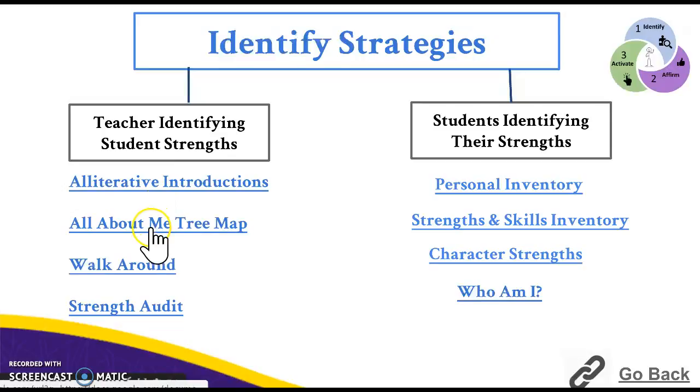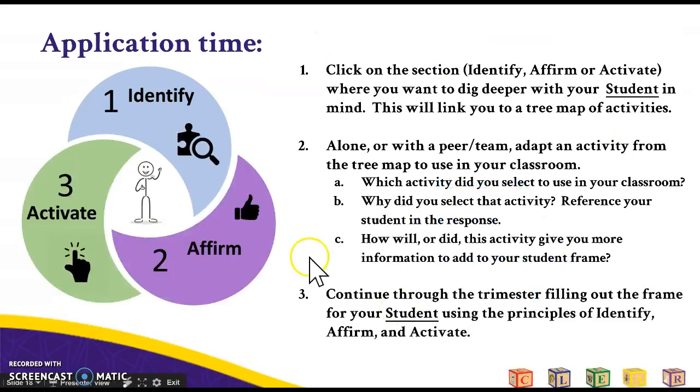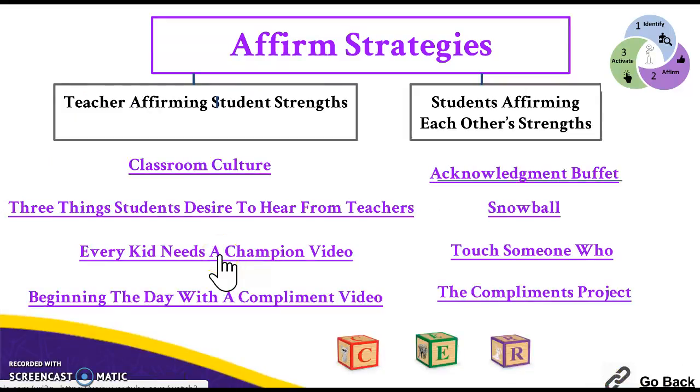And so each of these is a description or a website that talks about this as a strategy to build on this strength and something that you can try in your classroom. These are teacher-driven activities. These are students identifying their own. The format for each tree map is similar in that on the left side are ways to affirm student strengths that teachers do in their classroom and ways to affirm strengths that teachers help students identify and do themselves.